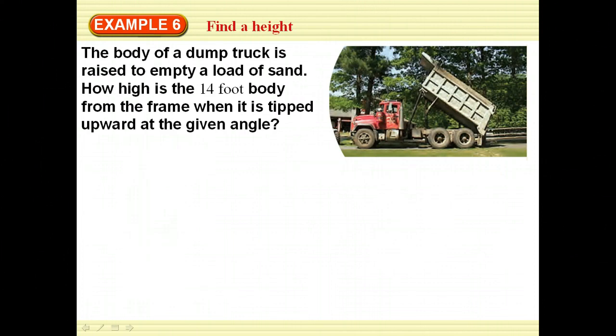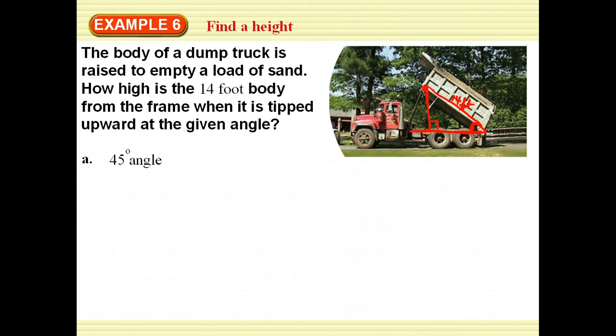This says the body of a dump truck is raised to empty a load of sand. How high is the 14-foot body from the frame when it's tipped upward at the given angle? So we're raising this. This line here is 14 feet. We're going to be measuring this angle here. And we have a right triangle because the tip here measuring down to the base is a right angle.